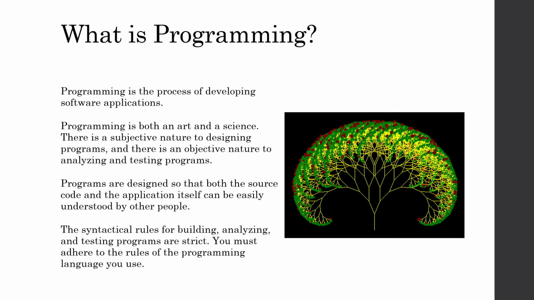There's a syntax that you have to follow for building, analyzing, and testing your programs. And these syntactical rules are very strict. If you misspell a word, or if you capitalize a letter in a word where it wasn't supposed to be capitalized, your program's not going to work. So it's very, very strict about this, and you have to adhere to the rules of the programming language you use at all times.